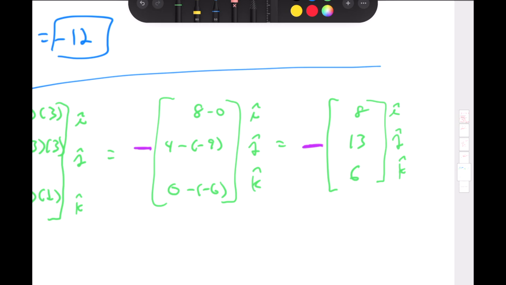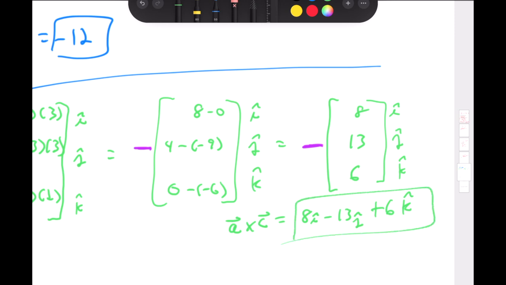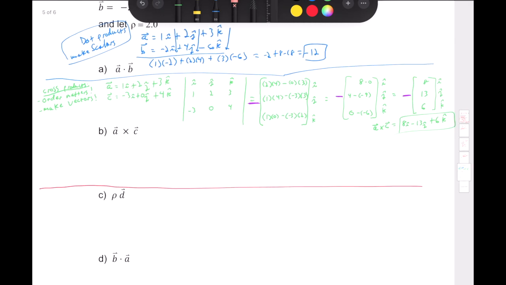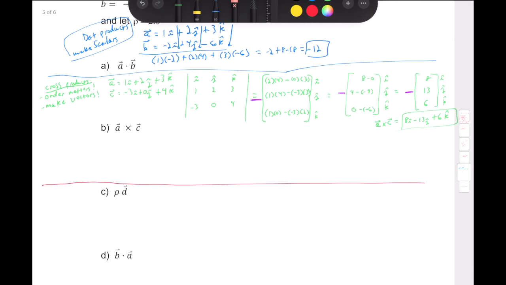So I'm going to rewrite it horizontally. A crossed with C gives us a vector that is 8i minus 13j plus 6k. There you go. Now, that was A crossed with C.